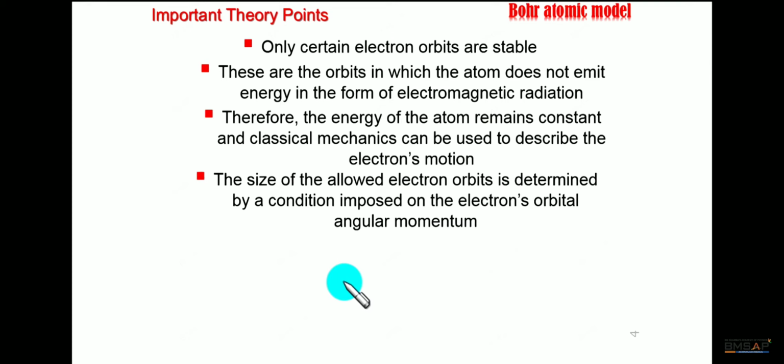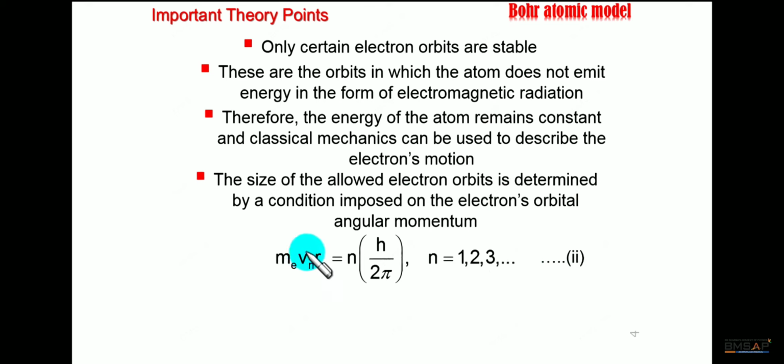If the velocity of the electron orbiting in the nth orbit is vn and the radius is Rn, then me is the mass of the electron, vn is its velocity, Rn is the radius of the nth orbit, and me vn Rn equals nh divided by 2 pi. n can take any value 1, 2, 3. Let this be equation number 2.